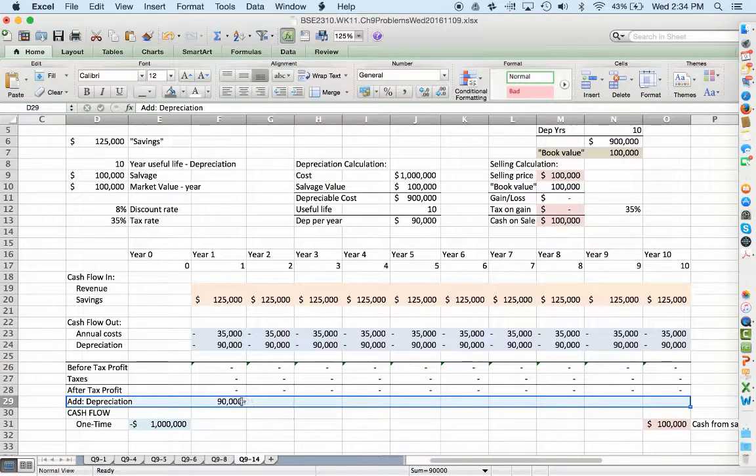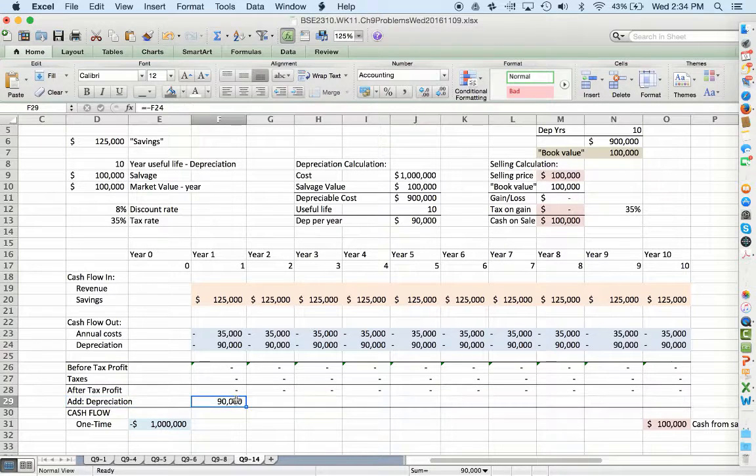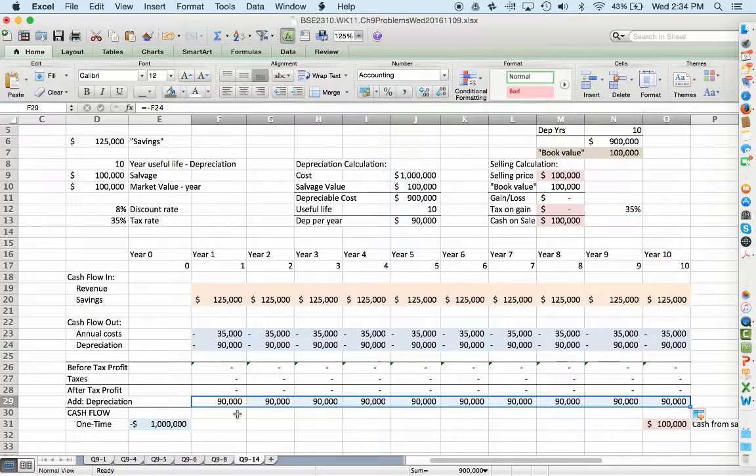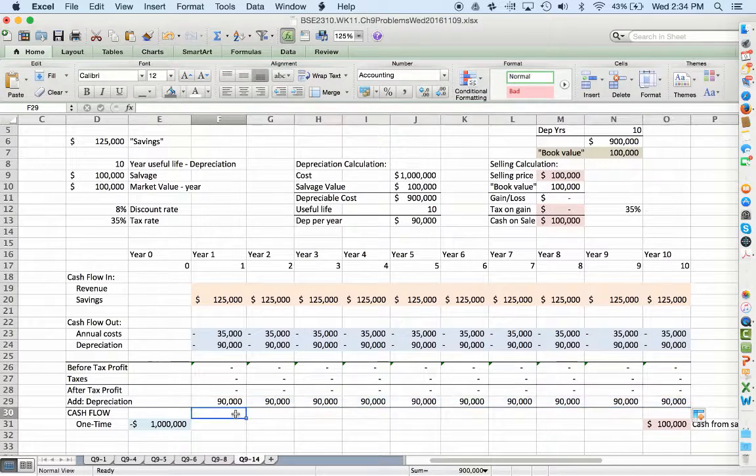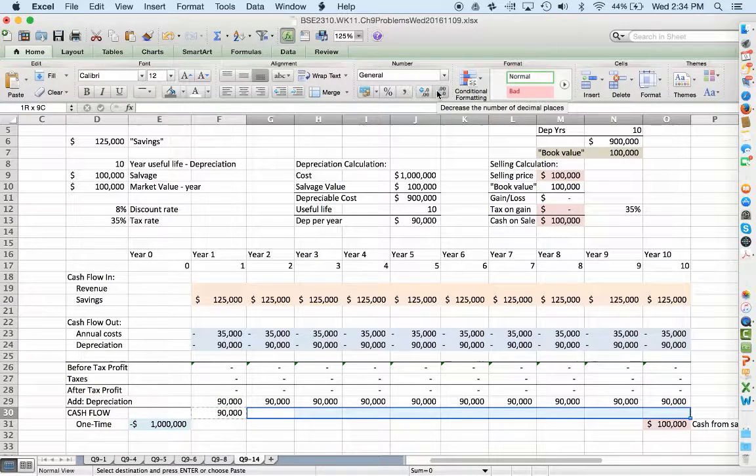I will carry that formula all the way across, and I will add after-tax profit plus depreciation. That's going to give me that view of cash flow.